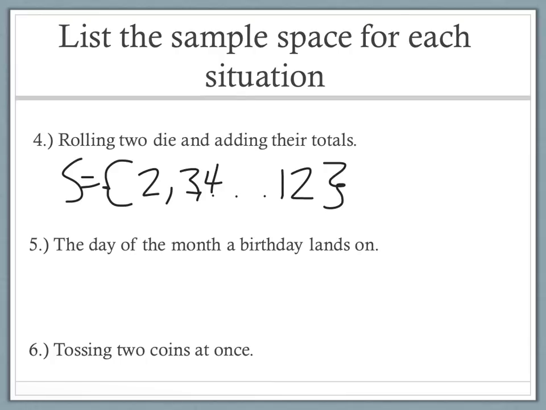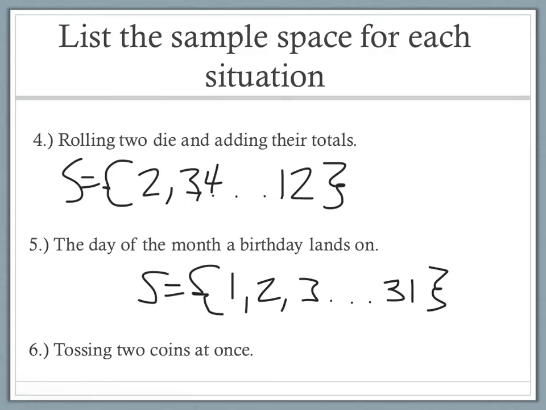Now, the sample space for the day of the month that a birthday lands on. Sample space equals the first, the second, the third, and we can go all the way up to the 31st, because that's the highest one. Some months have fewer, but I go all the way up to 31 because that's the most they can have.